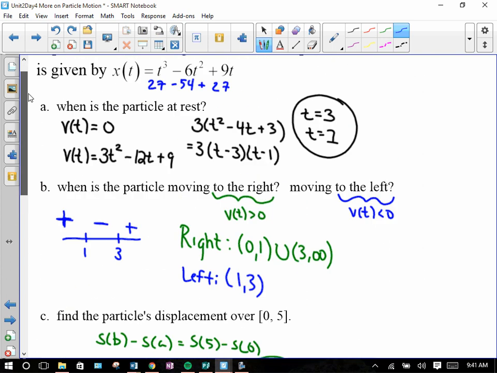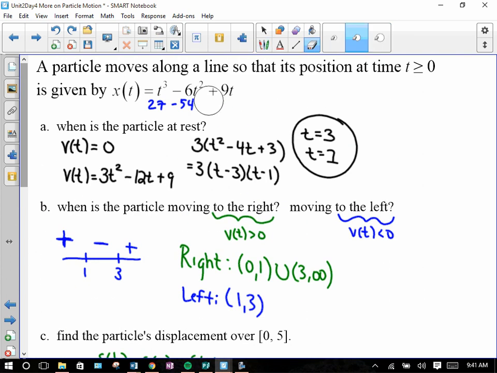Then 4: 4 cubed is 64, minus 4 squared is 16, times 6 is 96, plus 36. So 64 minus 96 is negative 32, plus 36 is 4.